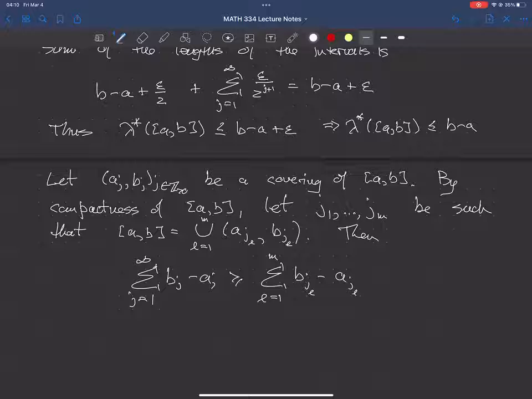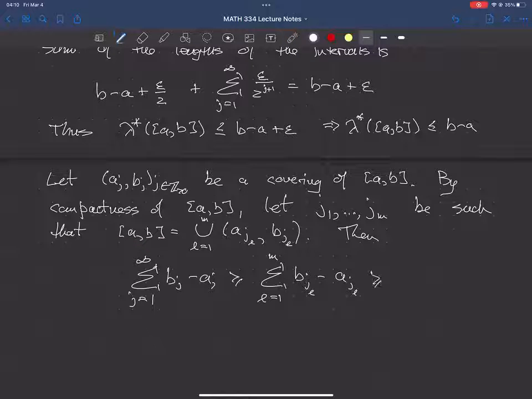Now I'm going to use the fact that this is a finite collection of open intervals that covers [a,b]. So the sum of the lengths of these must be at least b minus a, because if the sum of the lengths of these was less than b minus a, then they couldn't cover it.